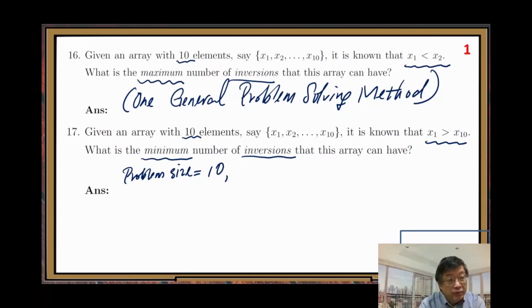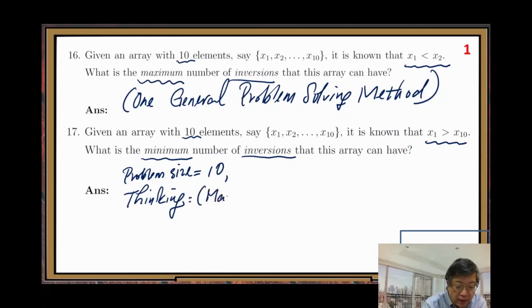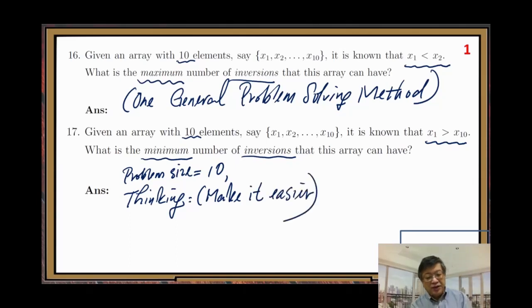So what's that? The idea is pretty simple. We use a special way of thinking here. We want to make our problem easier to solve, right? Because if you work on it directly, it looks like you need to do a lot of work. Yes, because this problem size is relatively large.